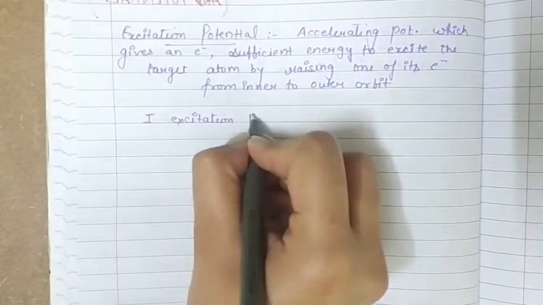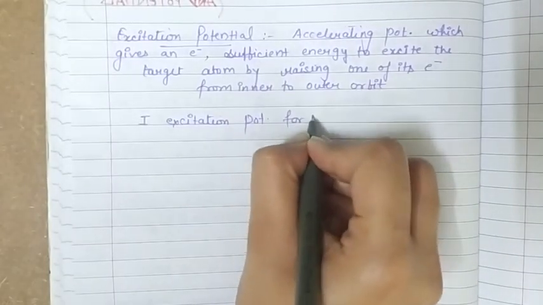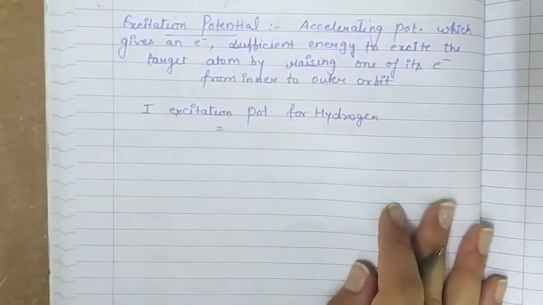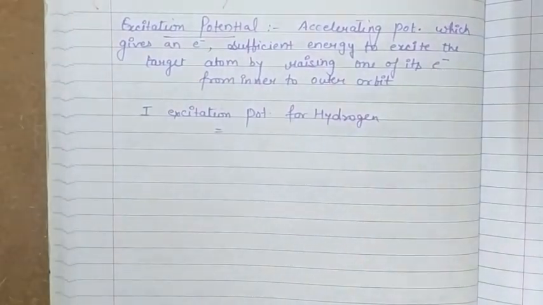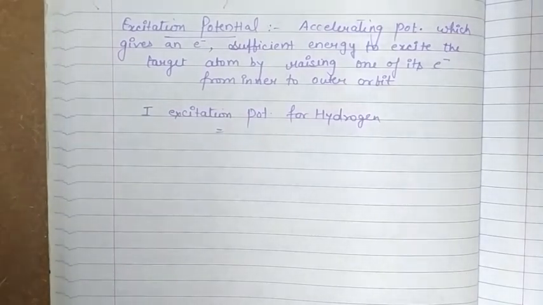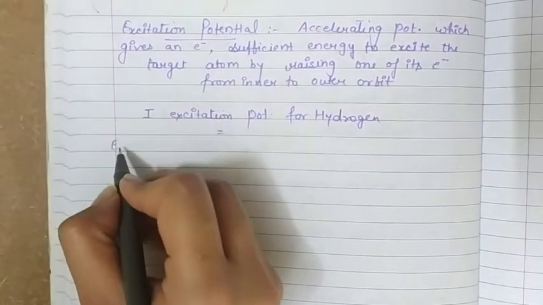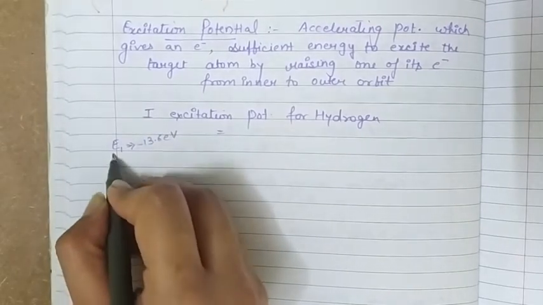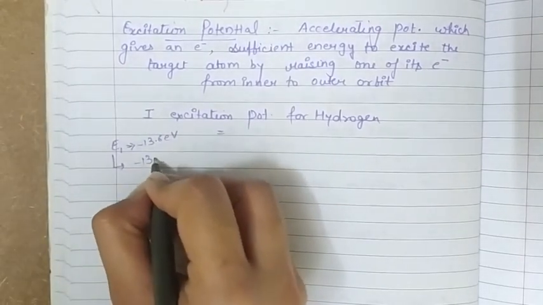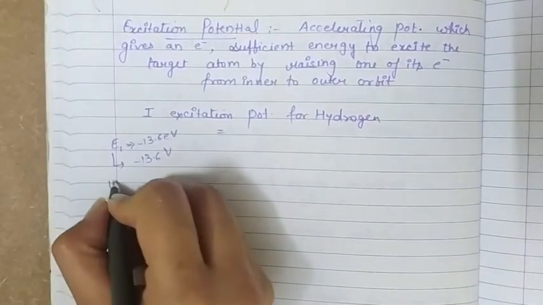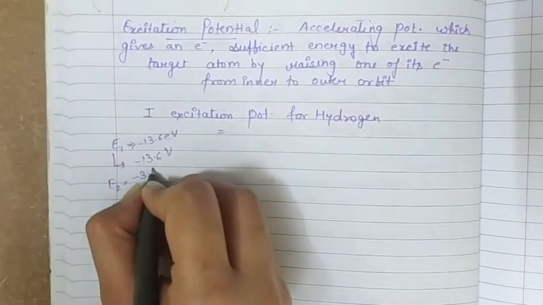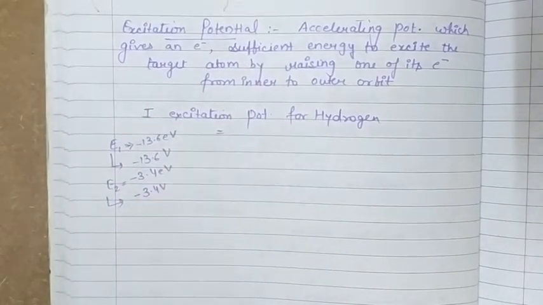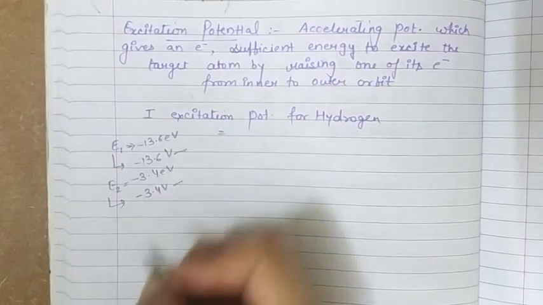potential for hydrogen will be given in a similar manner just as we give energy, but this time it will not be E2 minus E1, it will be the potentials. So if E1 is minus 13.6 eV, then potential for this is minus 13.6 V. Similarly, if E2 is minus 3.4 eV, then potential for this is minus 3.4 V. So we have to take the difference of these potentials this time.